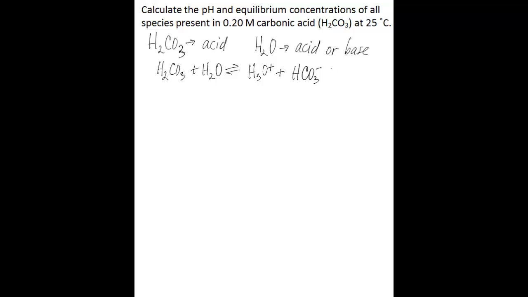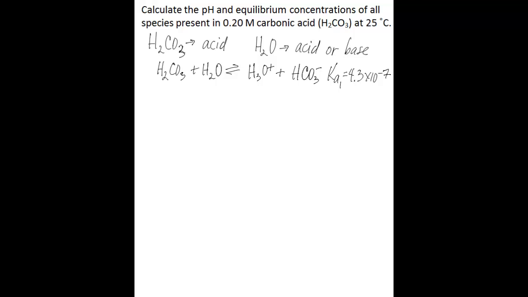The Ka for this reaction, Ka1, is equal to 4.3 times 10 to the negative 7. And we have a Ka1 value here because there's also a Ka2 value. This is something that's special to polyprotic acids, or acids that have more than one dissociable proton.